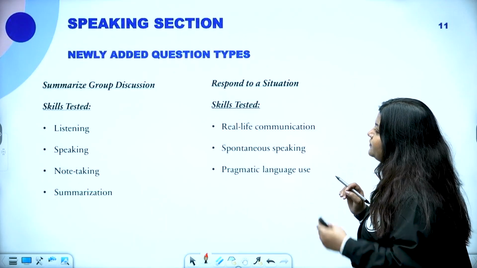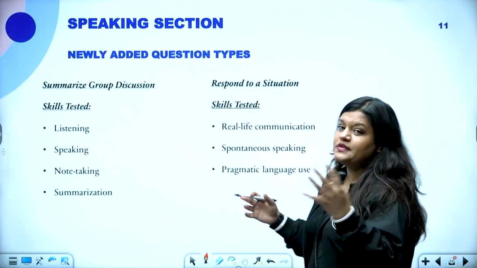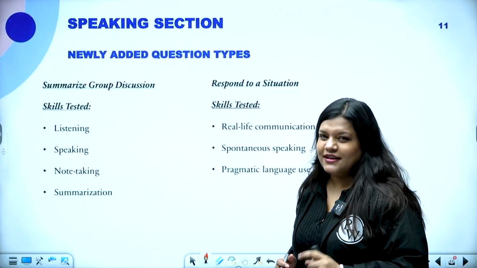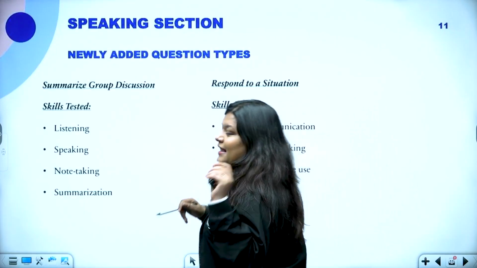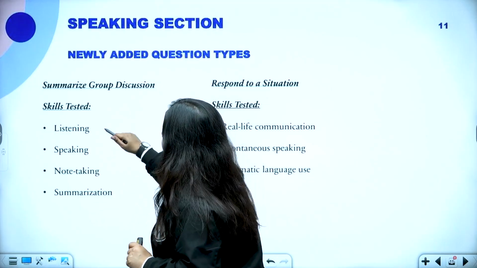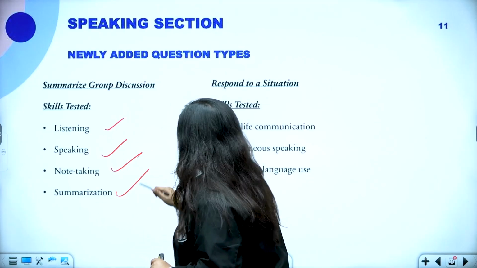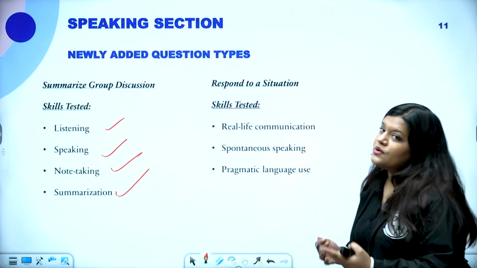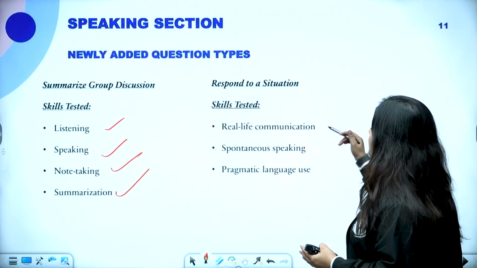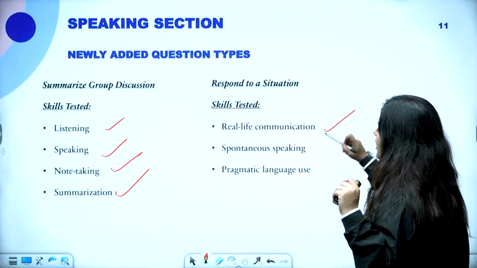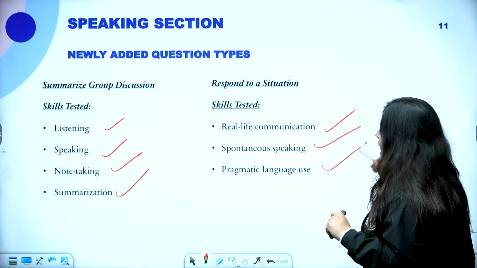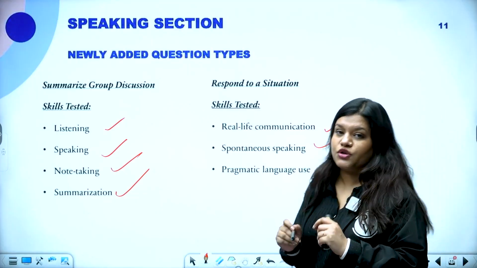Now, moving ahead, we've got two new questions added, as I told you. Let's learn a little bit about them. Summarize group discussion: the skills tested here are listening, speaking, note taking, and summarization. Respond to a situation is where you need to go specifically for real life communication, spontaneous speaking, and pragmatic language use.